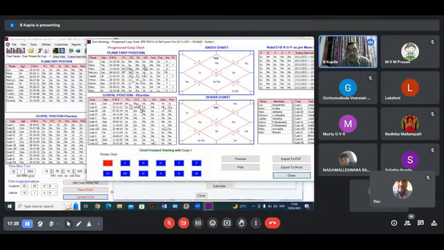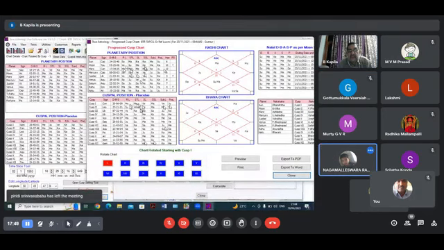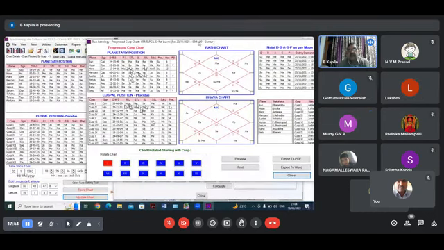Jupiter we have already seen, Jupiter is in 7. Venus is in 5th, right? And now we only need to see Saturn. Yes sir, 11th. Saturn, if you see, is in 11th. Saturn is in 5 also, Saturn is in 7 also. So this strongly favors the event of marriage.